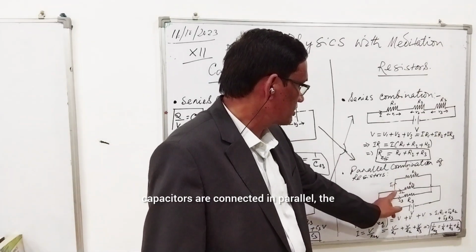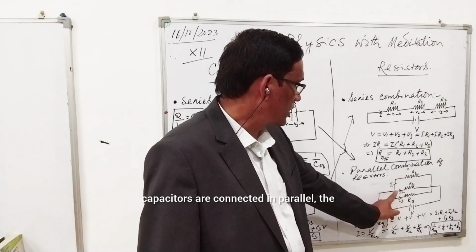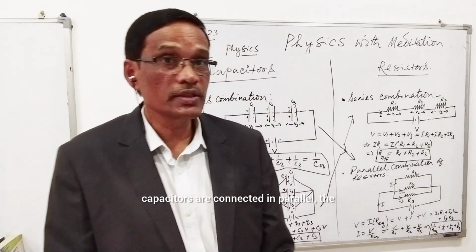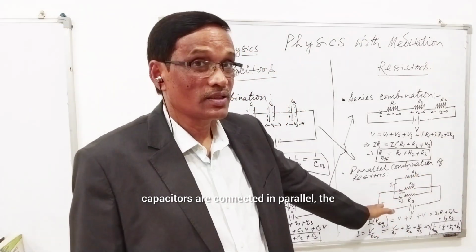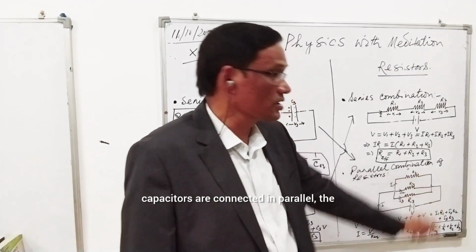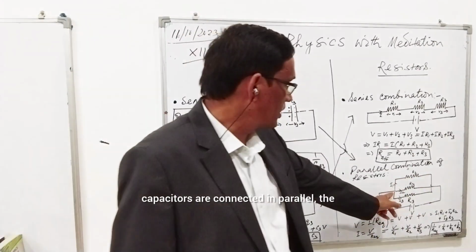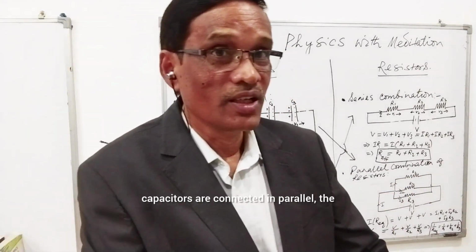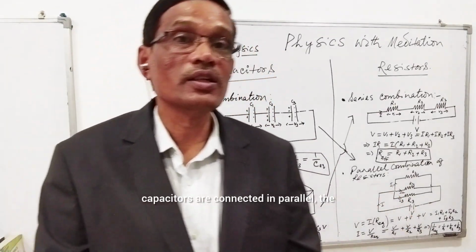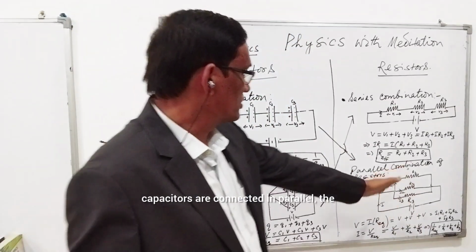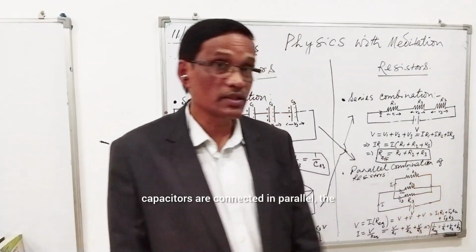So potential across R1, R2 and R3 are same only. What will be different here? As resistance is different and same potential is being applied, what will happen is I1, I2 and I3 currents will be developed across the resistors R1, R2 and R3.